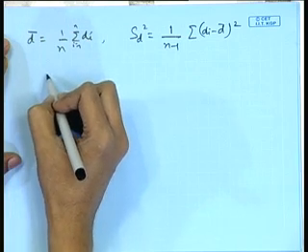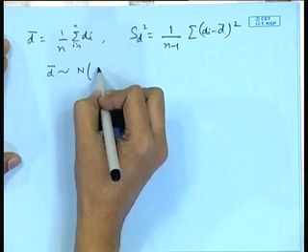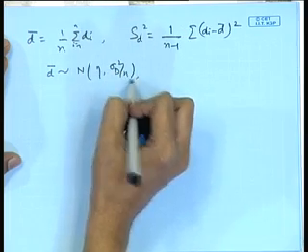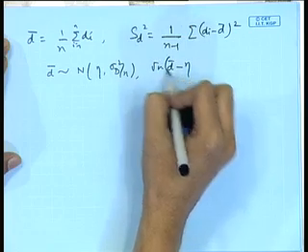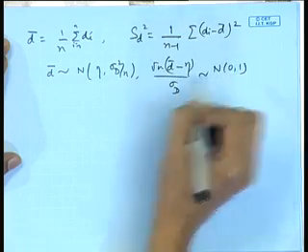So, if we look at this, then we can see that d bar follows normal eta, sigma d square by n, and so from here we can get (d bar minus eta) root n by sigma d follows normal 0, 1.